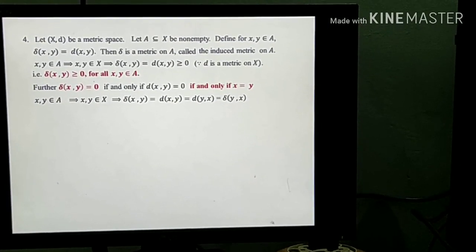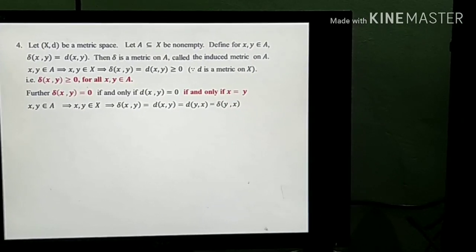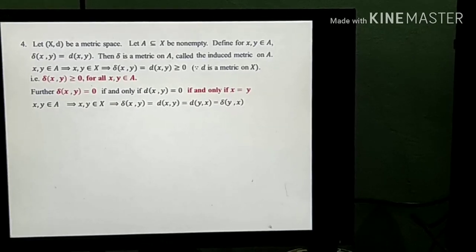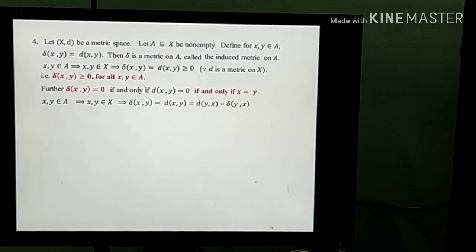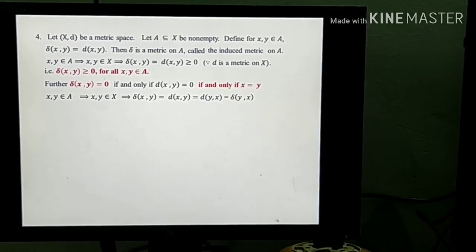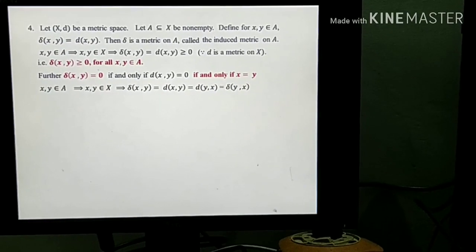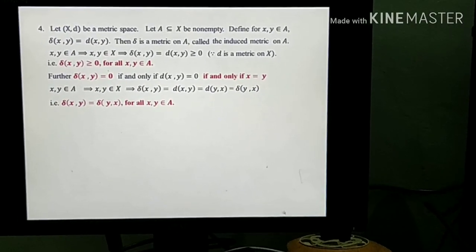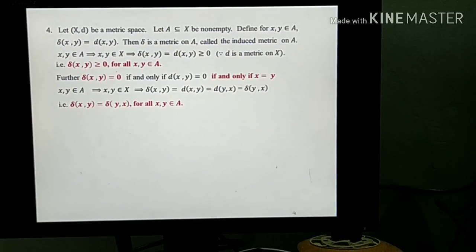Again, initially we have considered that x and y are elements of A, so y and x are also elements of A. Therefore this dyx must be equal to delta yx, and hence finally we will get delta xy is equal to delta yx for all x, y belongs to A, and therefore the symmetry property is satisfied by delta also.